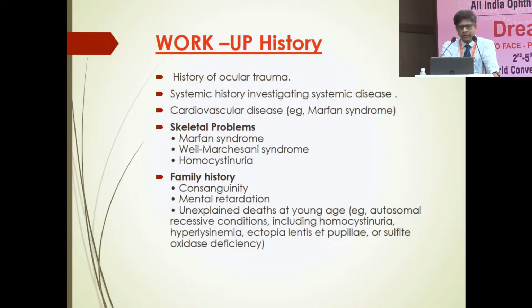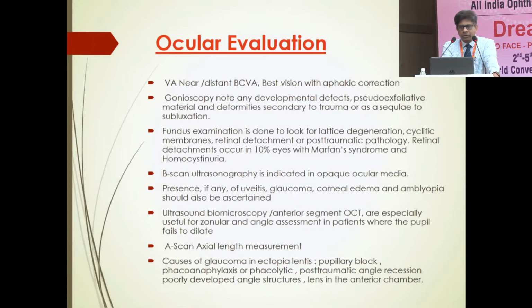So a beginner should take a good history in cases of systemic diseases, also take a history of ocular trauma, skeletal problems, and familial problems like consanguinity, mental retardation, and unexplained death in the family. And they should do a thorough ocular evaluation extending from the full BCVA to anterior segment examination, including gonioscopy, which is very important in this situation because there can be trauma-related problems, and angle-related problems in congenital cases, and also a detailed fundus examination is very important.